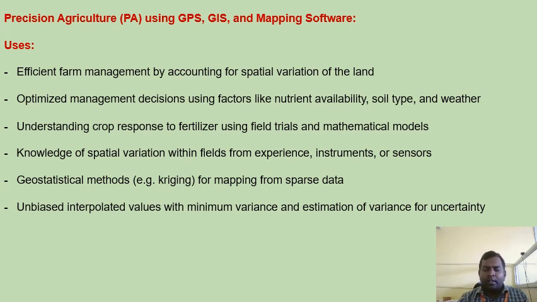We can efficiently carry out the farm management process, and from that we can make management decisions on the nutrition of the soil and the nature of the soil type, and we can observe the weather conditions. We can also understand the crop response to fertilizer using field trials and mathematical models.